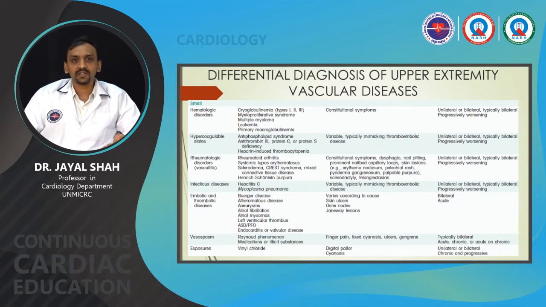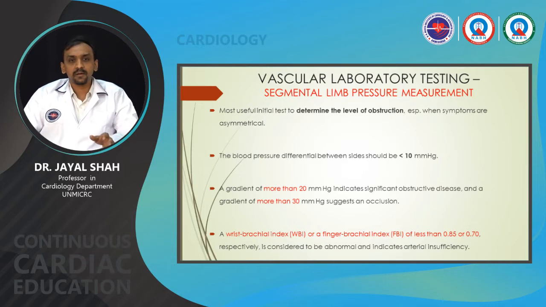Similarly, certain infectious diseases like hepatitis C or mycoplasma pneumoniae, or certain embolic or thrombotic diseases, particularly Buerger disease, atheromatous disease, atrial fibrillation, atrial myxoma, as well as certain vasospastic diseases and exposure to vinyl chloride, form an important differential diagnosis.